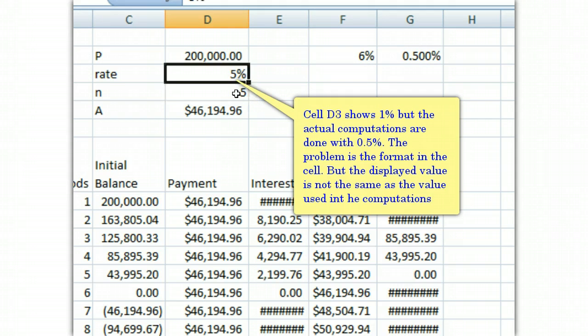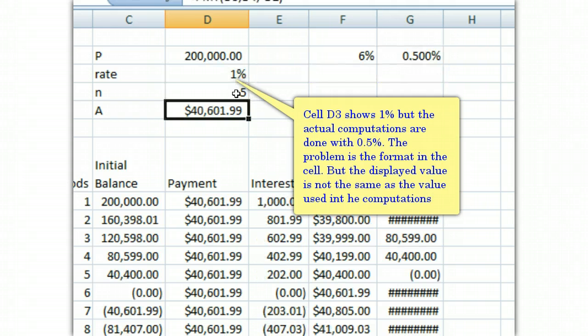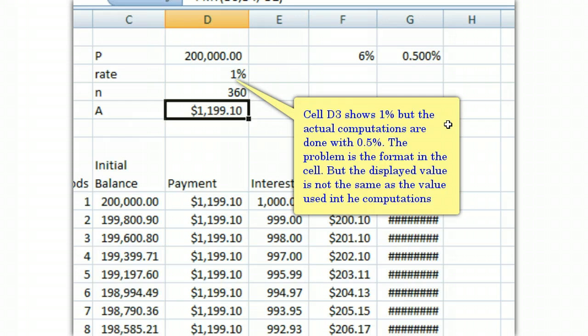If we take that as the interest rate, and the number of payments for a typical mortgage is 30 years, translating to 360 payments, that means that you need to pay every month $1,199.